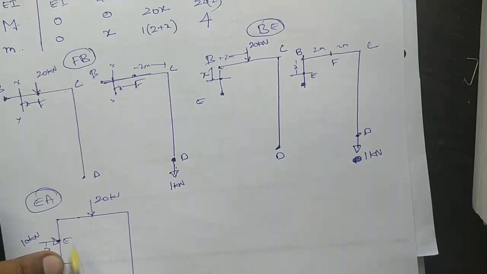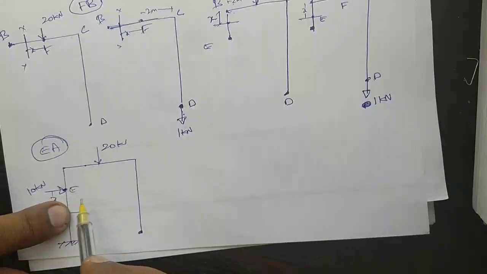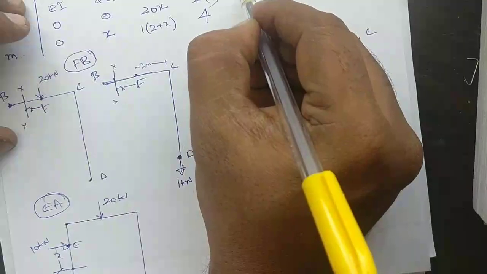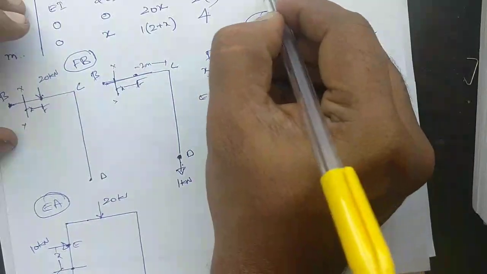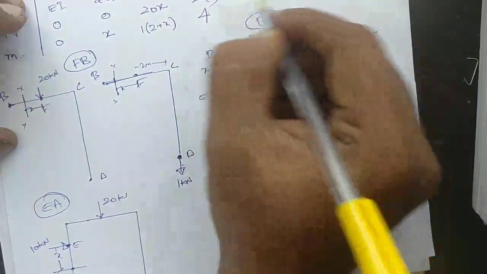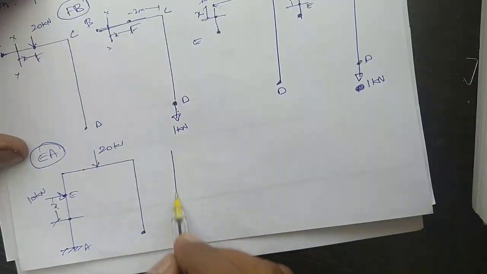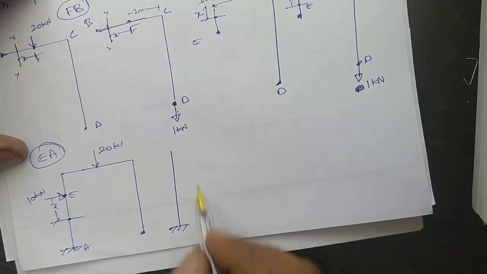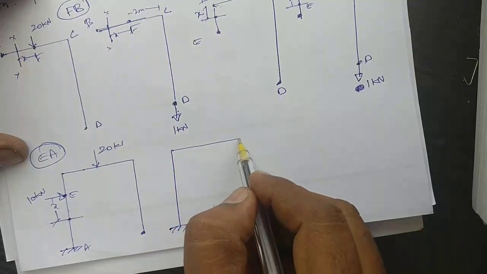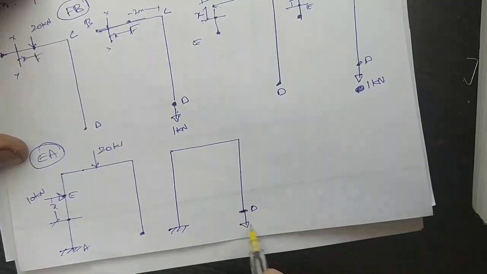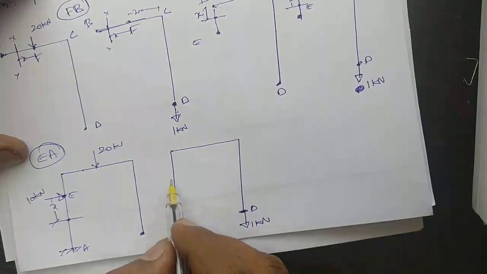This is 20 into 2. This is clockwise. Again this is also clockwise. This is 10 into x. So you have 20 into 2 plus 10x. This is your capital M. And you apply unit load, 1 kilonewton.